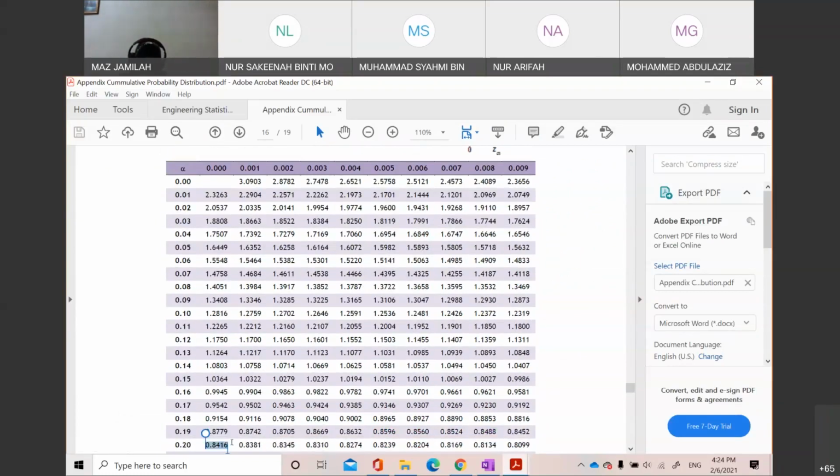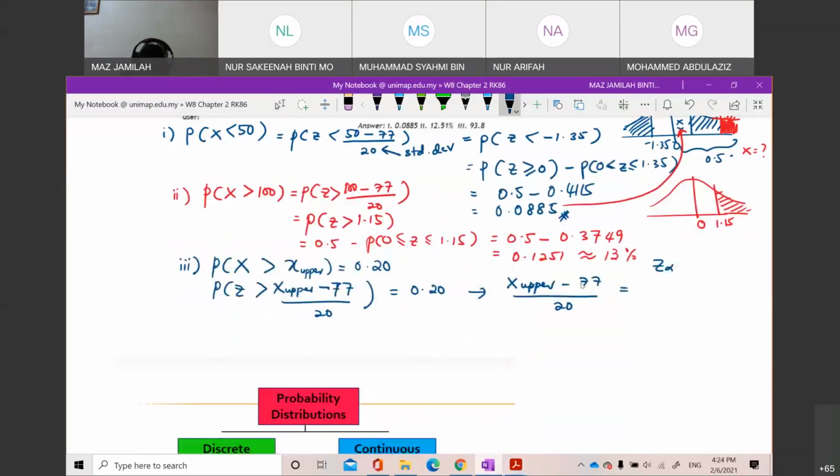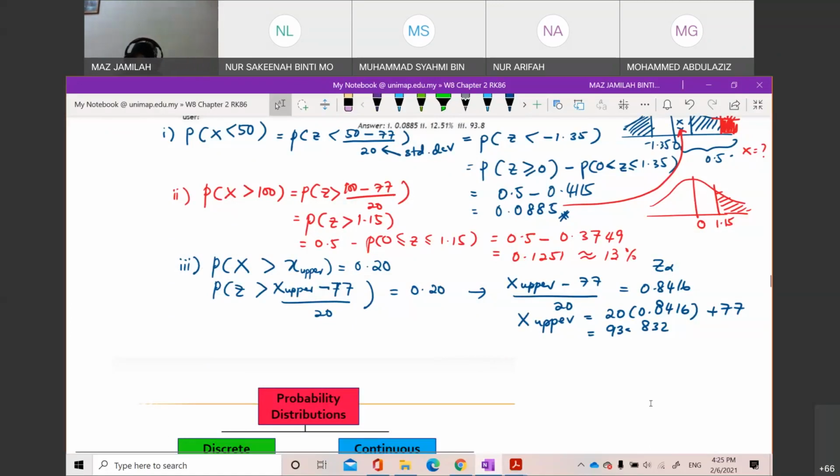So 0.8416. You can solve for X upper equal to 20 multiplied by 0.8416 plus 77. So X upper is obtained as 93.832 hours. Then we know, if the user spends more than 93.832 hours, they are considered a heavy user.